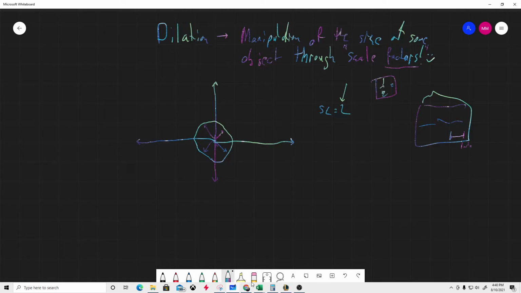Okay, so if we think about it like this real quick, if it's 1 unit from the origin to here, and our scale factor is 2, where do you think this is going to go, right? It's 1 unit. We talked about factors, multiplication by the scale, which is 2.